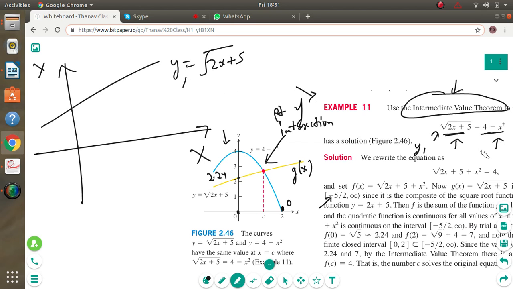Next is y2, that is 4 minus x square. This is the point of intersection here.